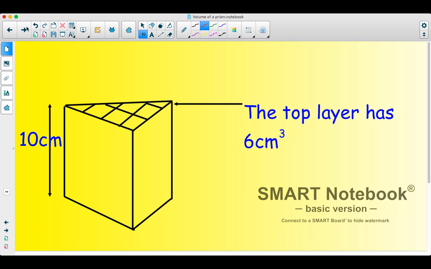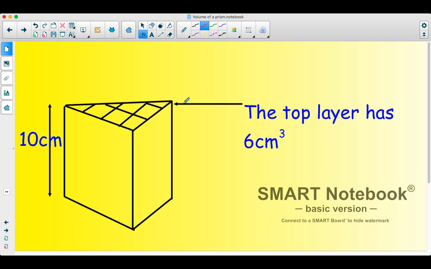We're building up this idea now that all I need to do is find the area of the top surface, and the height of the prism tells me how many layers that top layer has been stacked on top of each other, because that's what a prism is. It's the same shape that's been stacked on top of each other.